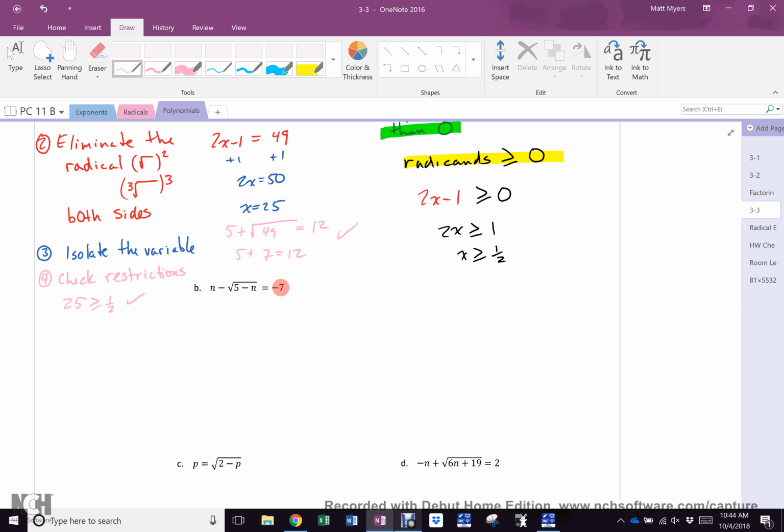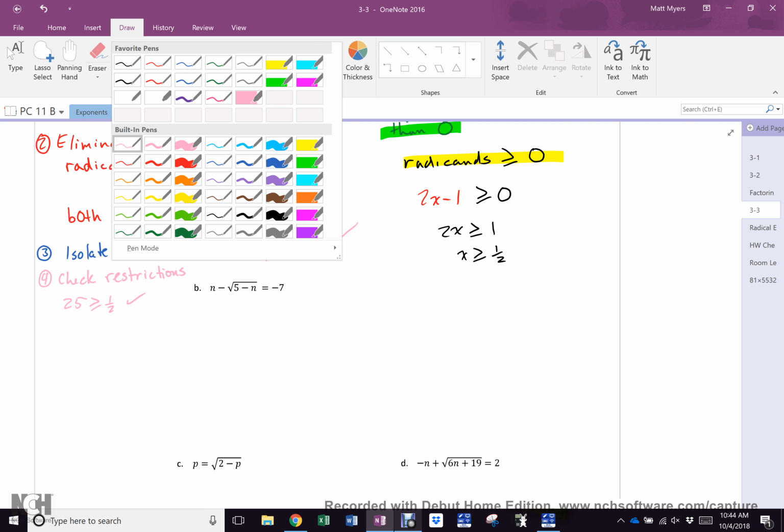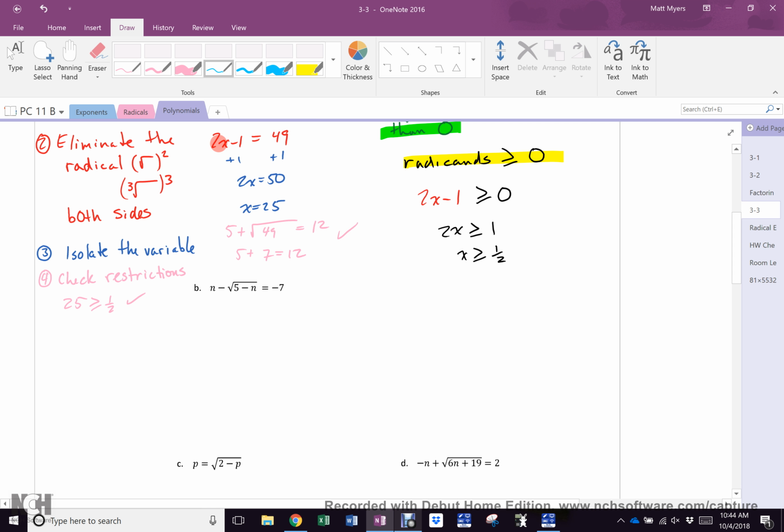All right. So I don't want to actually do that yet. Well, I'm going to write it out. Minus n minus n. Now I have negative root 5 minus n equals negative 7 minus n, correct? Is that pretty? I think that's pretty ugly, actually. There's too many negatives in there, isn't there?